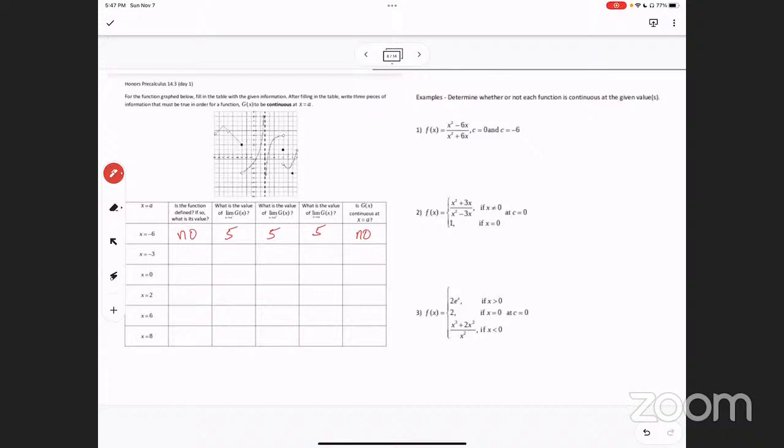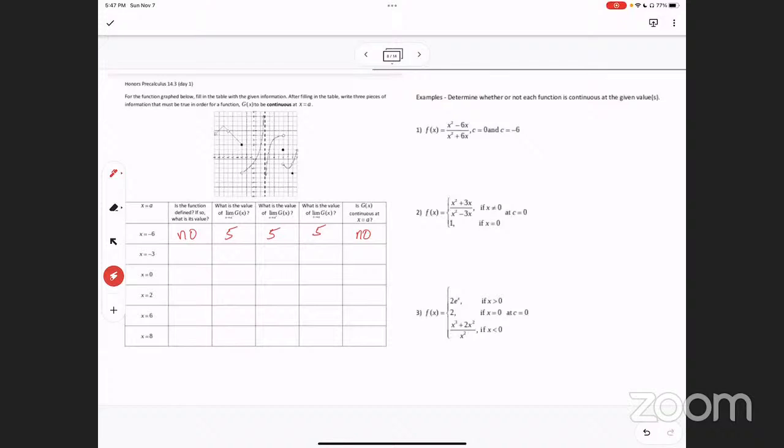So it says after filling the table, write 3 pieces of information that must be true in order for a function g to be continuous.